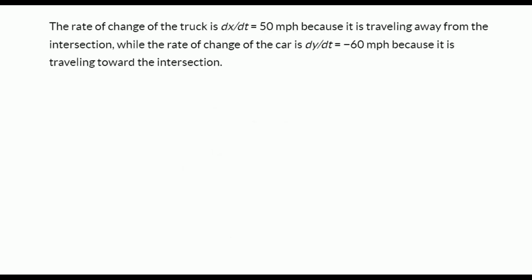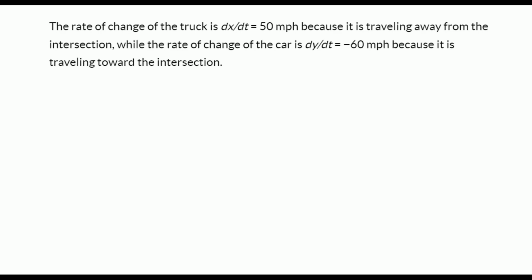And now we are also given this other information. They said that the rate of change of the truck is dx over dt, 50 miles per hour. That's the truck speed, and it's going, of course, east away from the intersection. But the rate of change for the car is dy over dt, so it will have a different sign, at least compared to the truck.